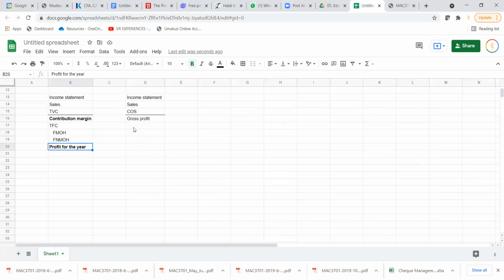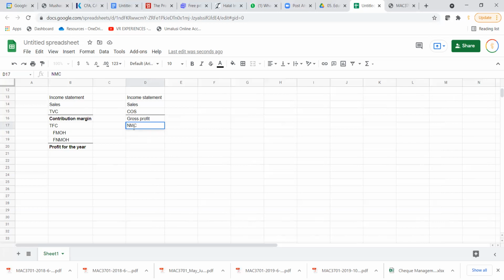When it comes to the absorption costing system, remember I said it distinguishes between manufacturing and non-manufacturing. So over here, we are interested in non-manufacturing costs.